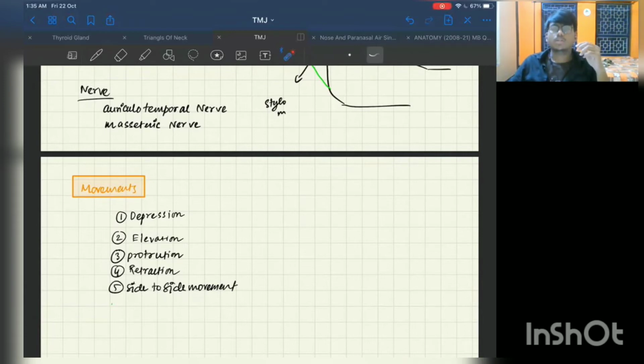Elevation, closing, don't bite anymore, but during biting we do elevation movement. This is elevation. Protraction is nothing but taking your mandible forwards. Retraction, just the opposite of it. And side to side movement. These are the side to side movements, right? These are the movements involved in this temporomandibular joint, right?